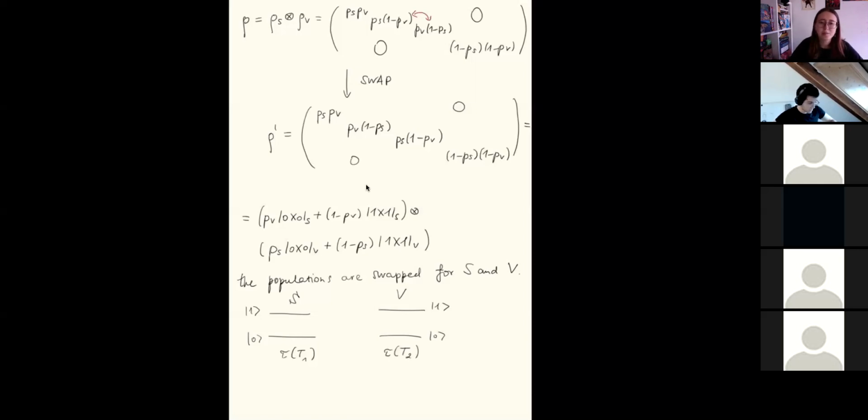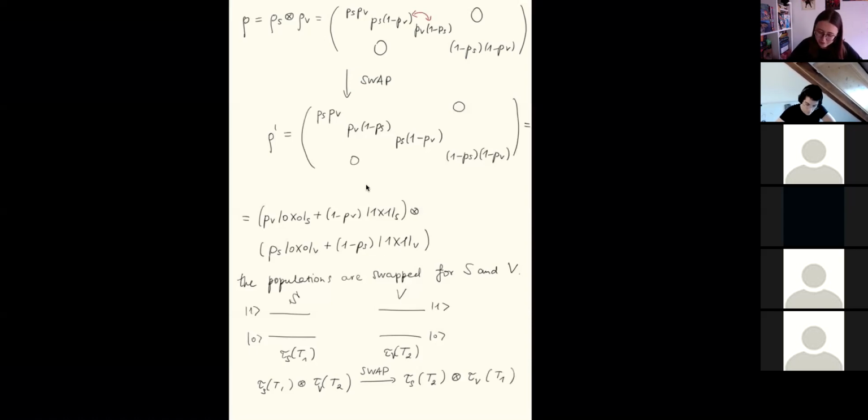Then if we look at the swap operation and apply it to these two qubits, labeling the temperatures T_S and T_V, their populations are swapped, which means that their temperatures are swapped, and we end up with the system S at temperature T2 and system V at temperature T1.